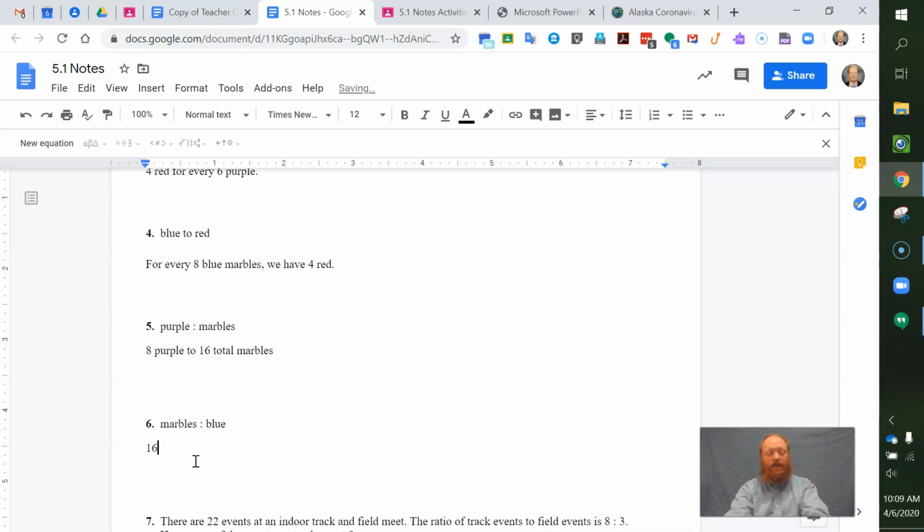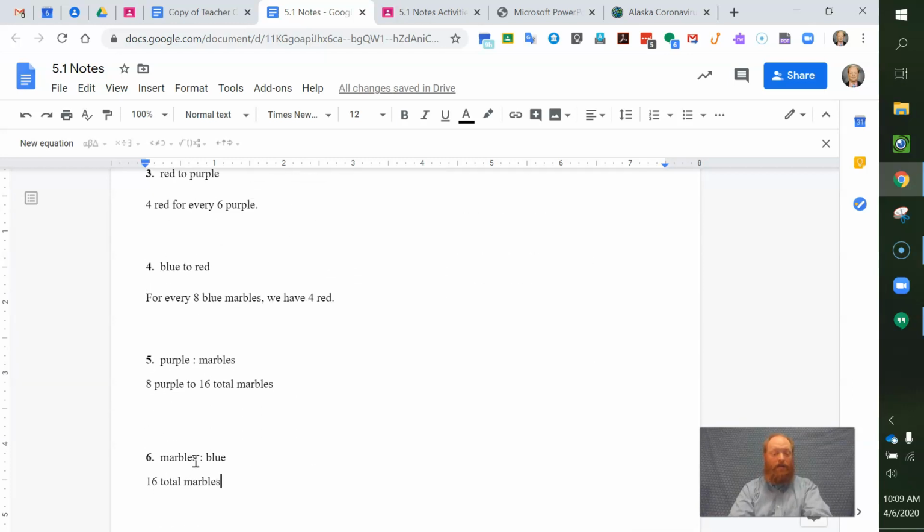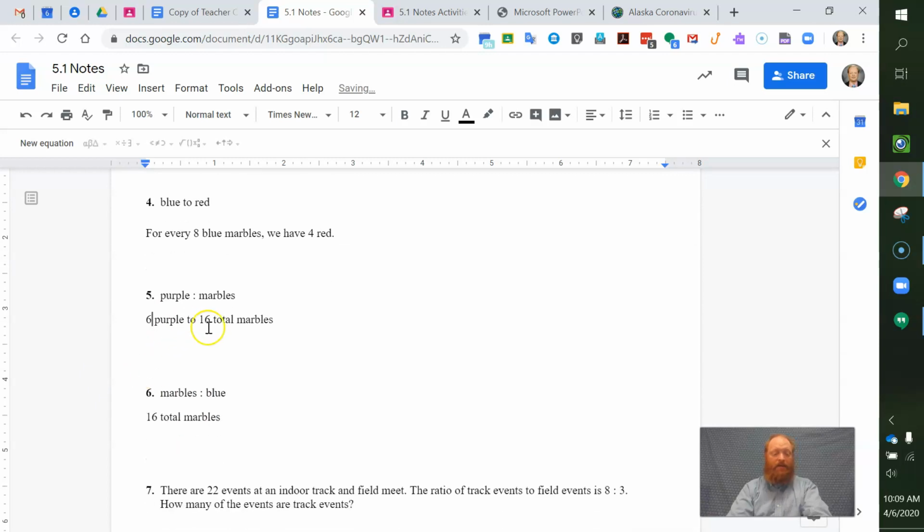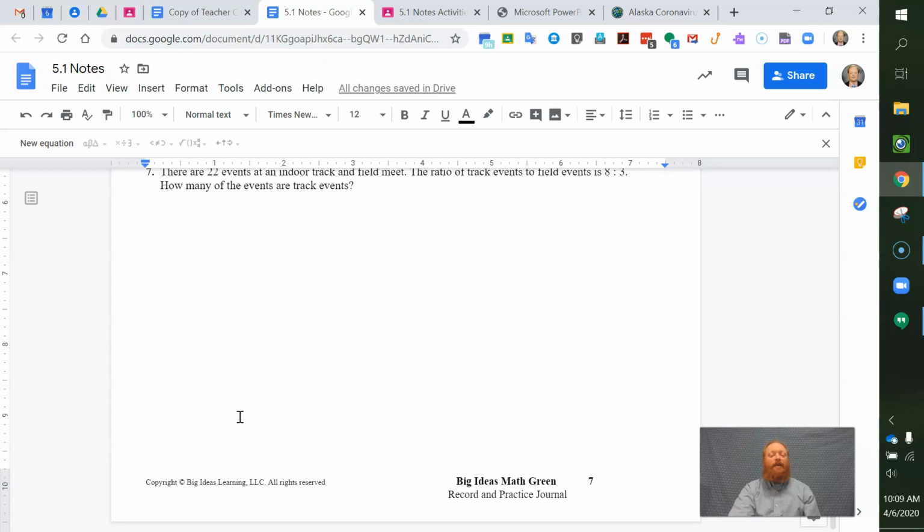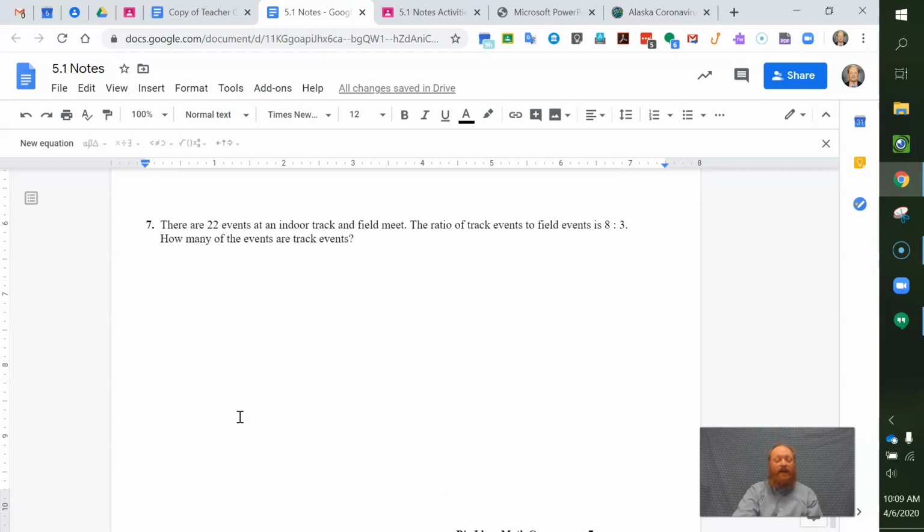Okay, so we have 16 total marbles. Wait a minute, I got my colors mixed up. Purple is 6. 6 purple to 16 total marbles. Now it's 16 total marbles to 8 blue.